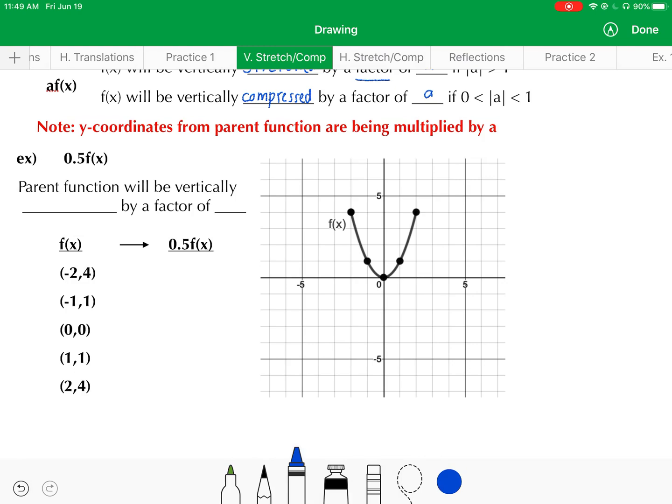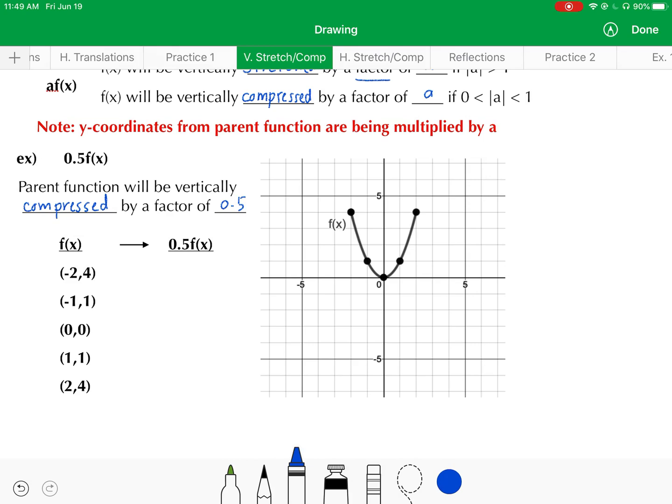Notice it's the same parent function I've been working with. And in this case, f of x, since it's being multiplied by a number that's smaller than 1, we're going to get a vertical compression. Parent function will be vertically compressed by a factor of 0.5. Okay.